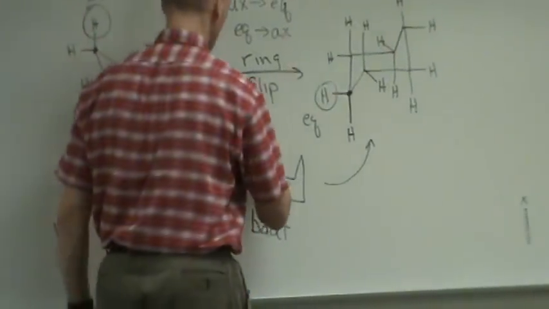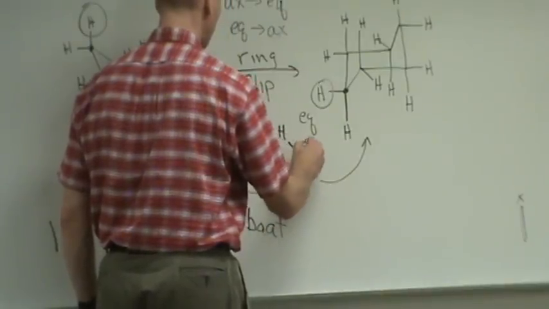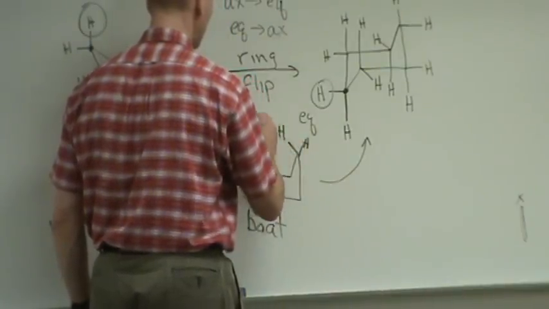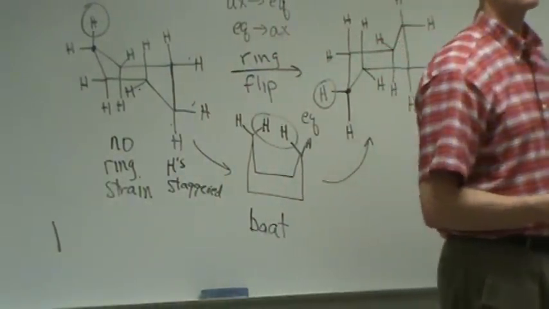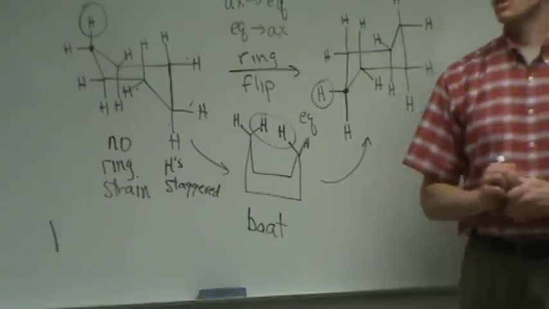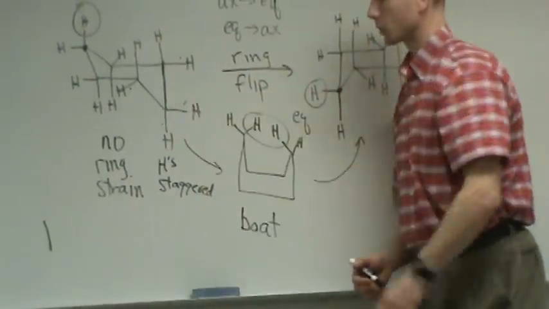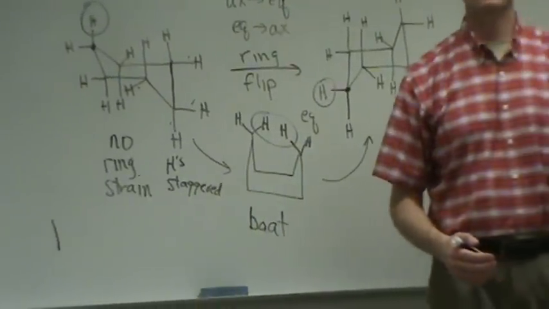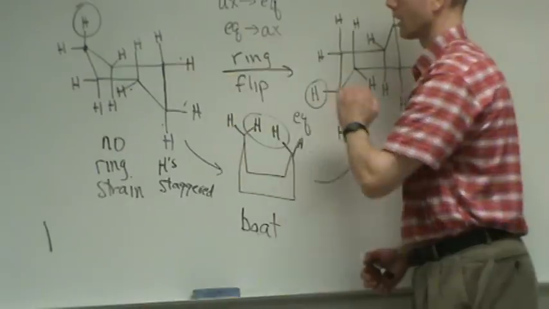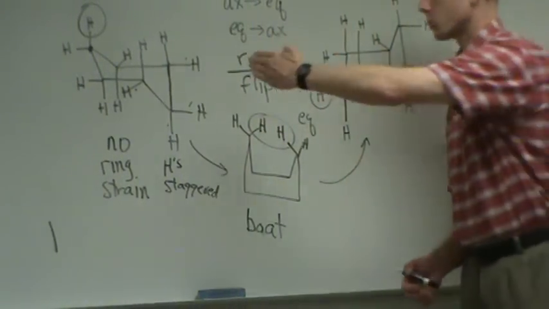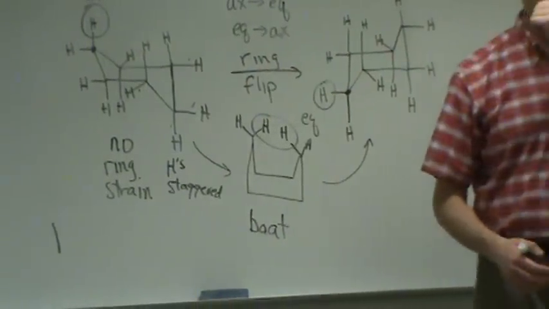These hydrogens at the top here can get a little bit close to each other, to the point where you don't have this staggered anymore, but they can start to become eclipsed. So the boat is a higher energy conformation than the chair, but it goes through this in order to go from one chair to the other.